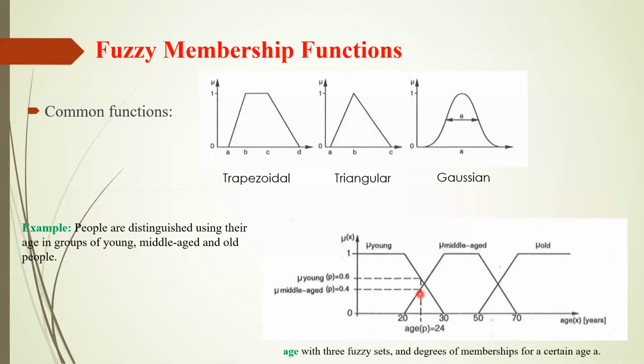So the person is 0.6 young and 0.4 middle-aged. As the age increases, the degree of membership to the group of young people decreases, whereas the middle-aged increases.